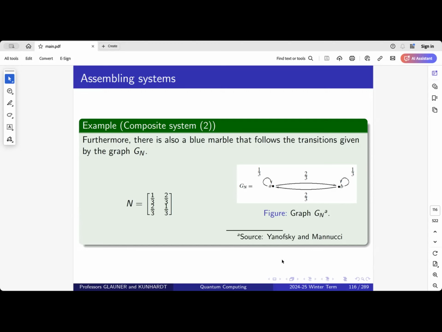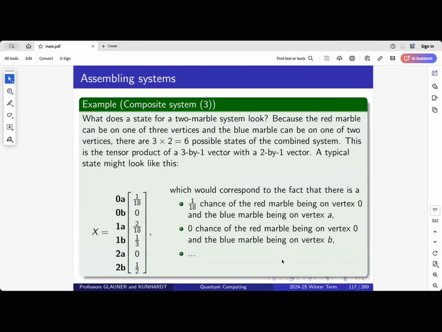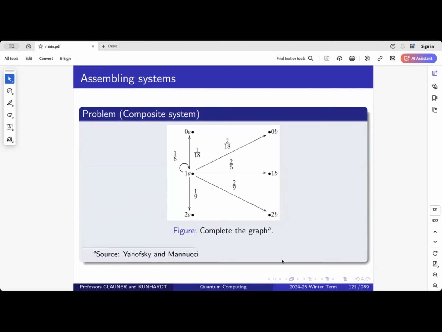We want to aggregate them or assemble them and build composite systems. And that's super important just to represent operations that can deal with more than one qubit. Because if you just want to deal with one qubit, it's fairly simple operations like a NOT. But if you want to build more complex operations involving multiple qubits, you need to build composite systems. And that's something we will see in one of the following lectures.